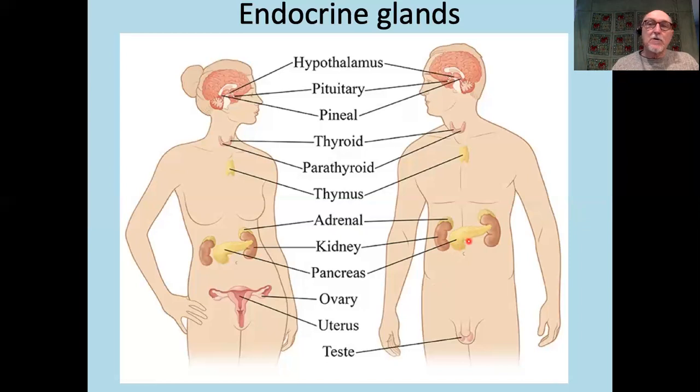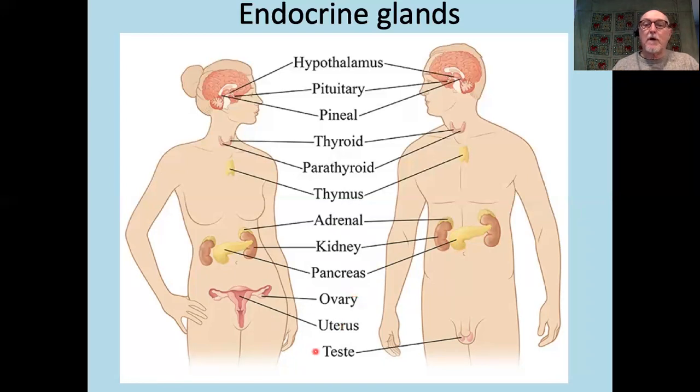But the pancreas also produces hormones, and the most important one you will have heard of, and that is insulin. Insulin is a hormone which regulates the concentration of glucose in your blood. It is released in response to high glucose levels, and it reduces the levels of glucose in your blood. The way it does that, we will talk about much later.